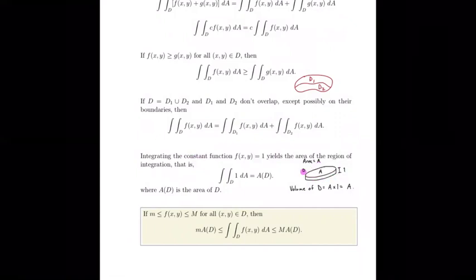Just look at that upper portion of it and say that that is D. It has area A, which we haven't calculated yet. Now, if we set the function f of xy equal to 1, and we integrate that constant function of 1 over the region D, we're going to end up with A of D, which is the area of D.